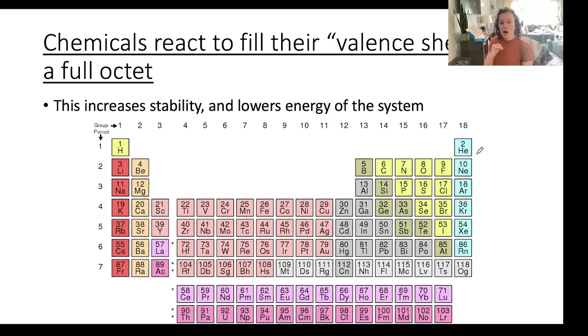And so chemical reactions happen in order for an element or a chemical to fill its valence shell of electrons. The valence shell is a word meaning the outermost electrons or the outermost orbitals.